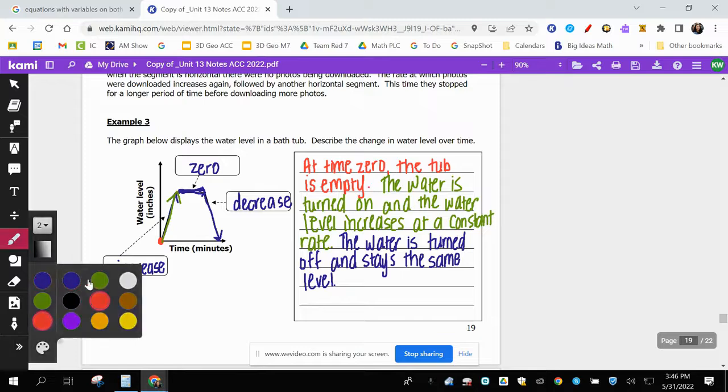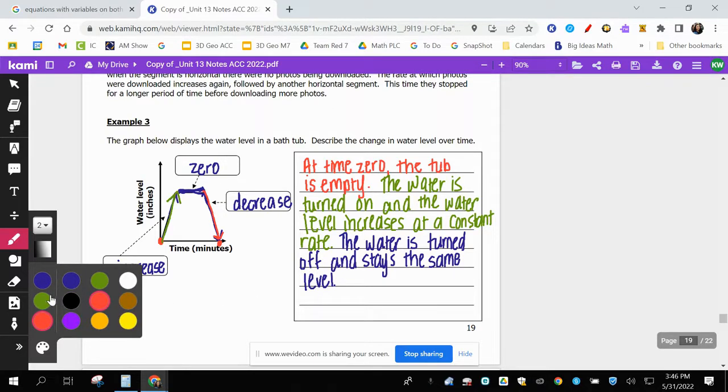Okay, and then finally you're going to see that there is a decrease in the water level all the way until the tub is empty. And that decrease is a straight line, so that means that the tub is emptying at a constant rate.